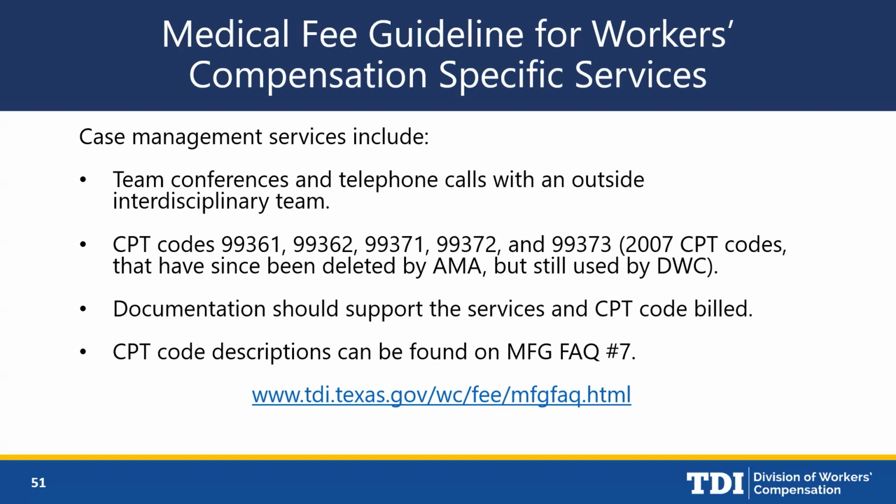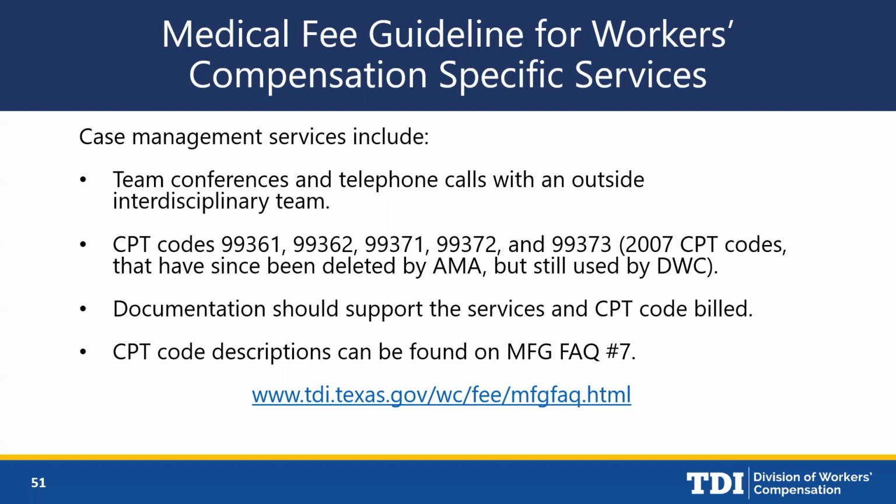If you choose one of these CPT codes, your documentation has to support that that's actually what your doctor did. The descriptions, because you're not going to find them in the 2024 AMA CPT code book, can be found on our website under medical fee guideline FAQ number 7.